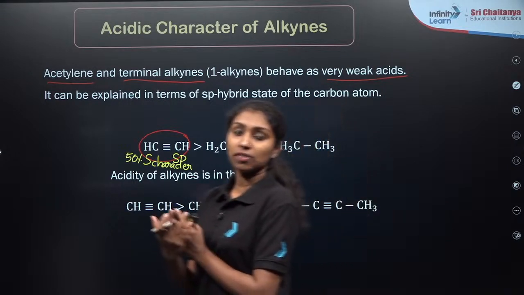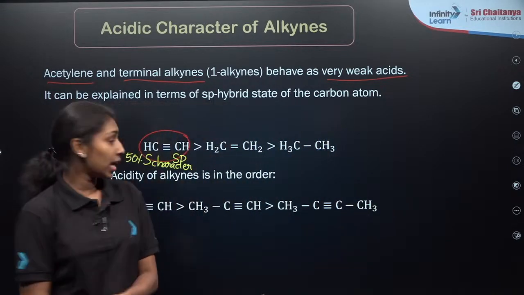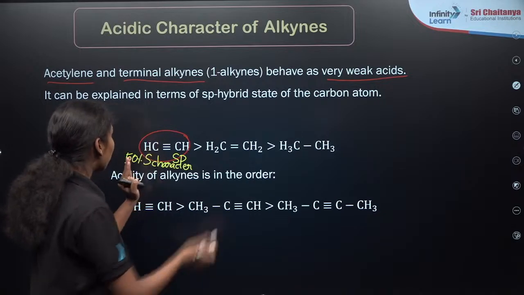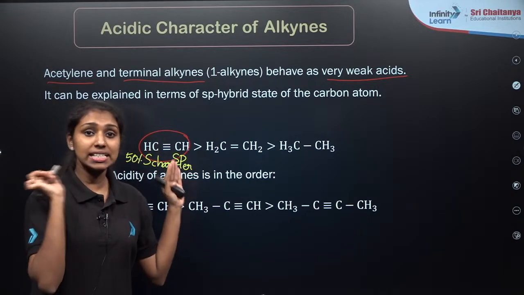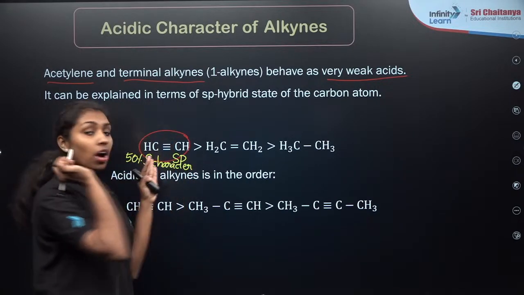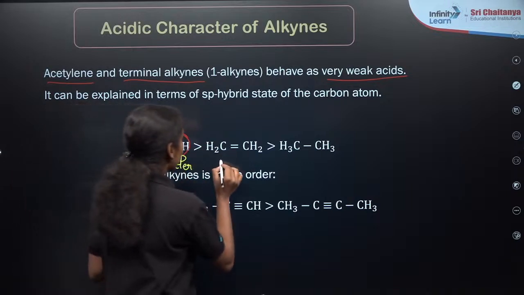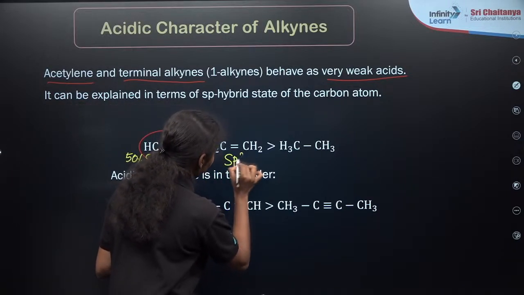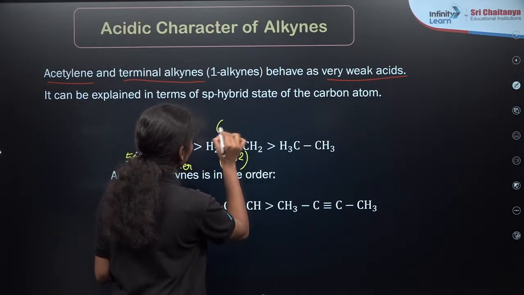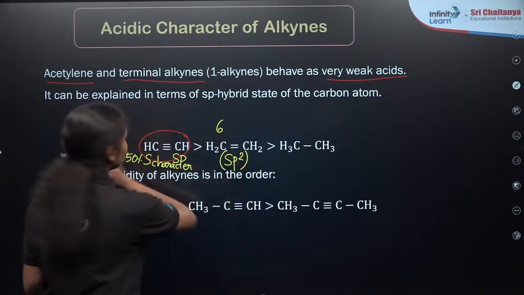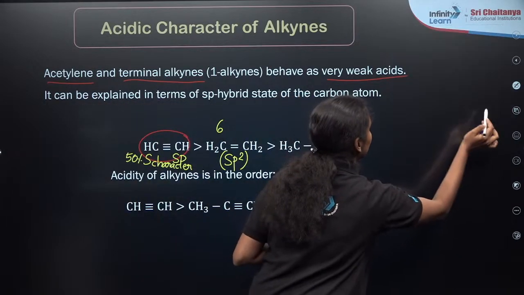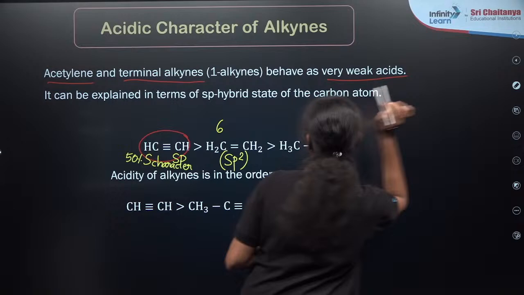That is the characteristic of the acidic property, right? So here, because of the presence of 50% s character, ethyne will act as a stronger acid as compared to ethene. Here it is sp2 hybridization, right? So it will be 33.3%.